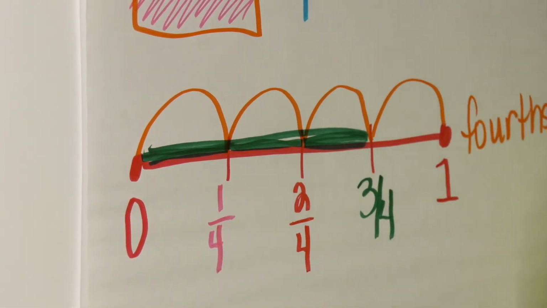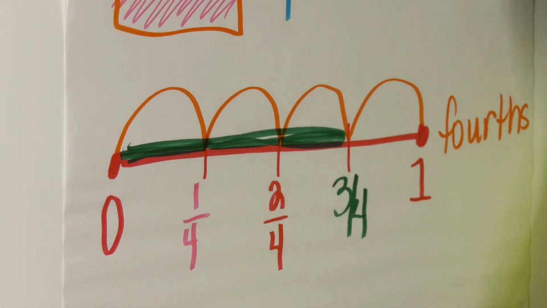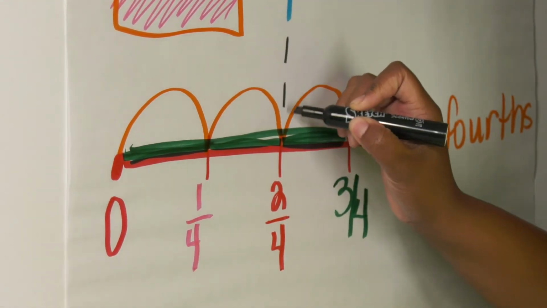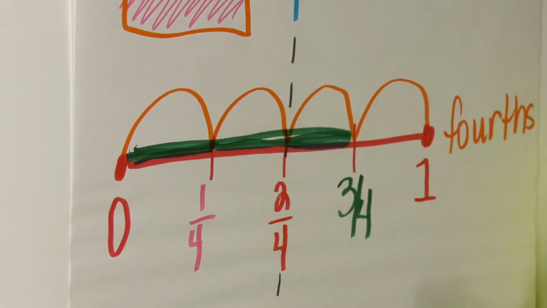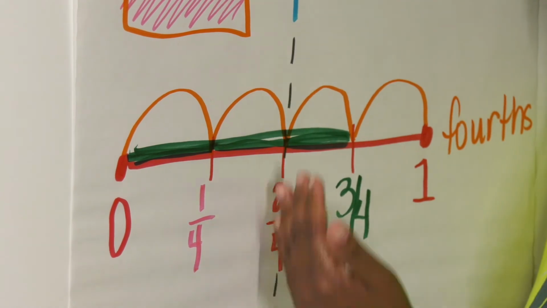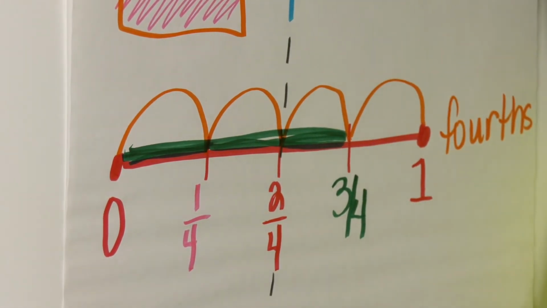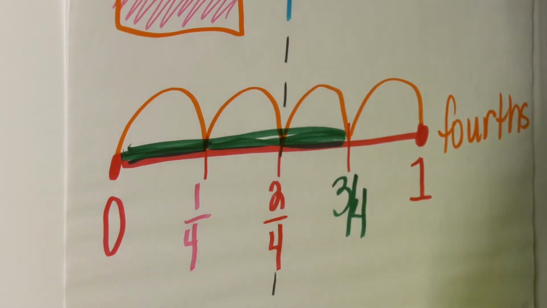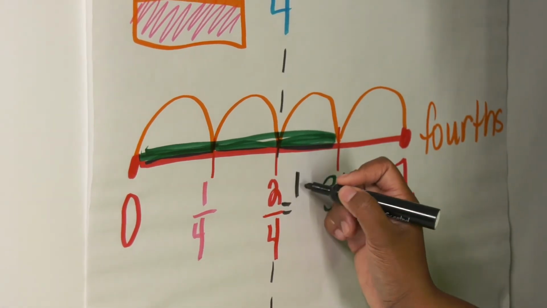Okay, so now I want to stop and just look at 2 out of 4. I'm going to put a little dash in between. I know we've got a lot going on, but why not learn it all at once? Okay, so in here, if you notice, that is my number line split in half. So 2/4 is also equivalent, which means it's equal.